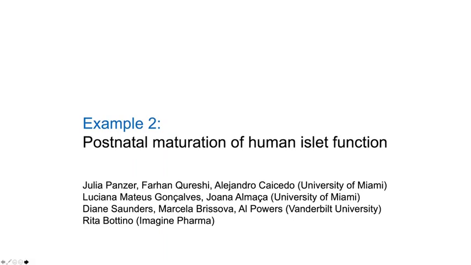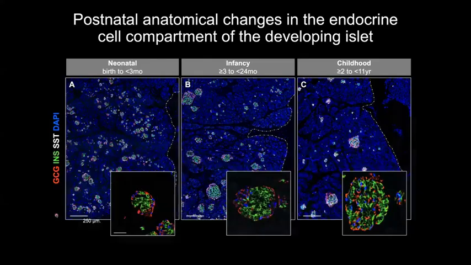First, some anatomical studies that Marcela Brissova performed show that already at birth there are islets that contain insulin and glucagon. There are a lot of small islets, and this over time changes to the adult composition.